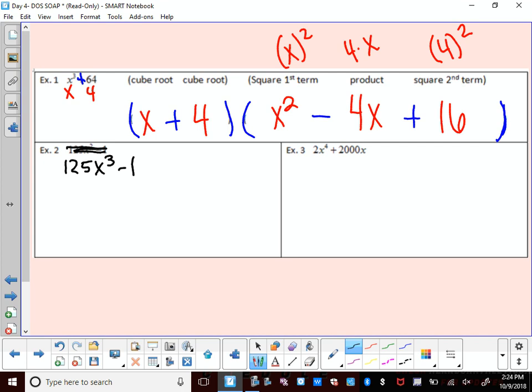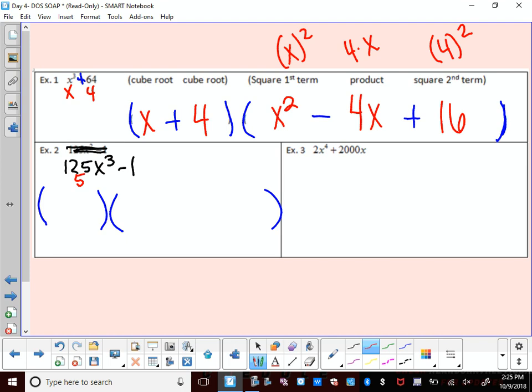Do you guys have minus 1 or plus 1? Minus. Okay. Mine was a little off, so I had to rewrite it. So I have one normal parentheses, one bigger one. Janie, what is the cube root of 125? 5.